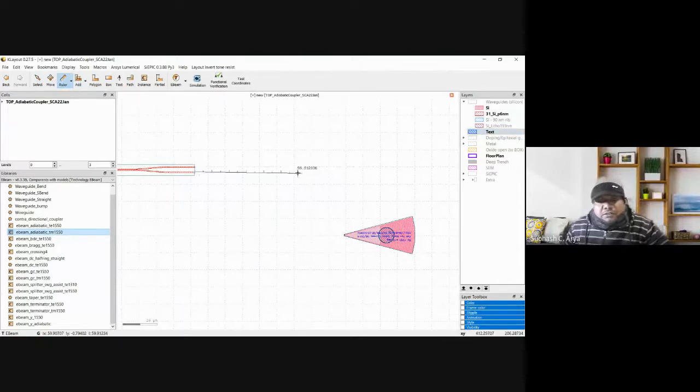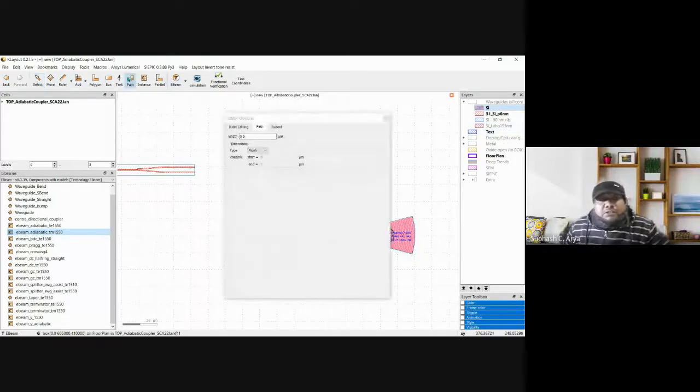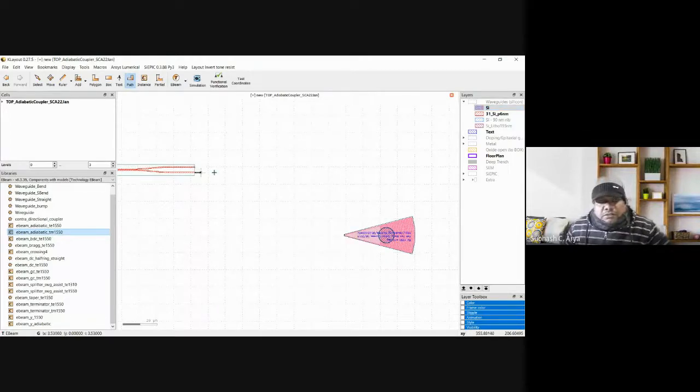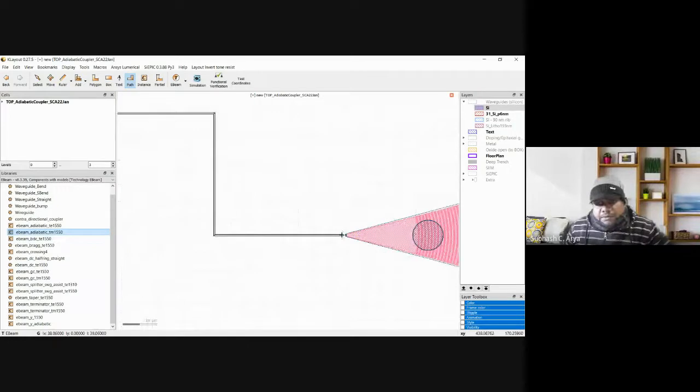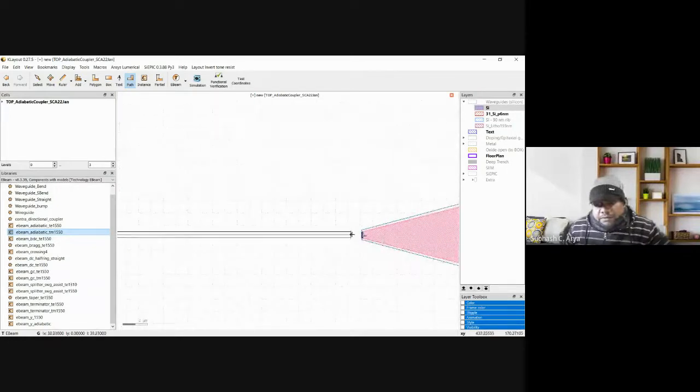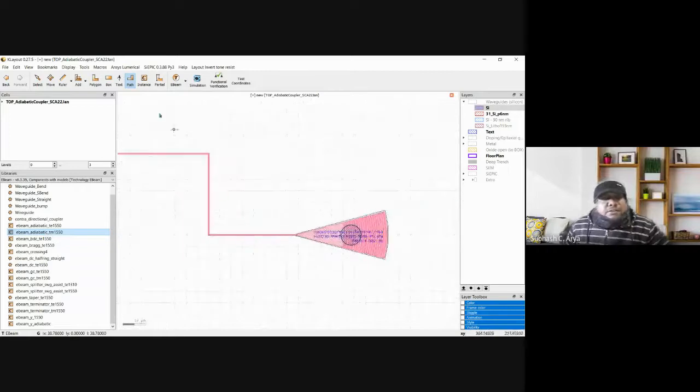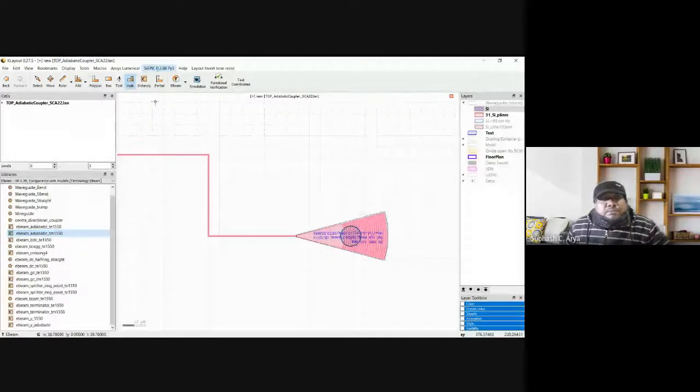How much is it there? Okay. Click path 0.5. Let us connect. So go back to this.